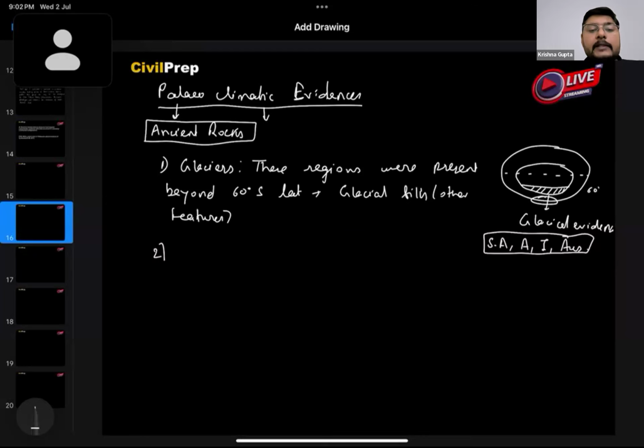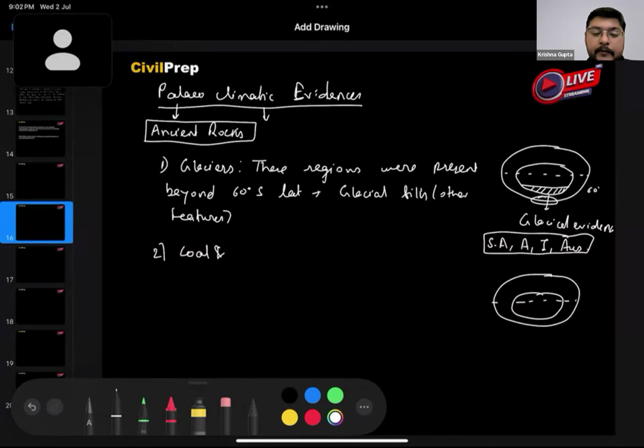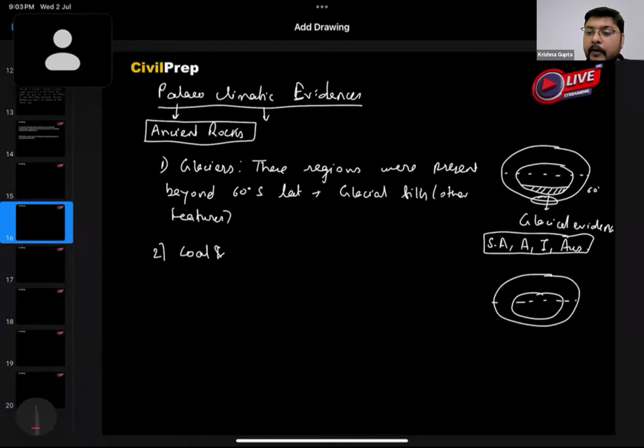Now, number two, the presence of coal, and coal only we'll be seeing here. In this diagram, this is the equator. So the region of Eurasia, or we can say the Angara land, in the contemporary time, this is North America. This is the region of Europe.